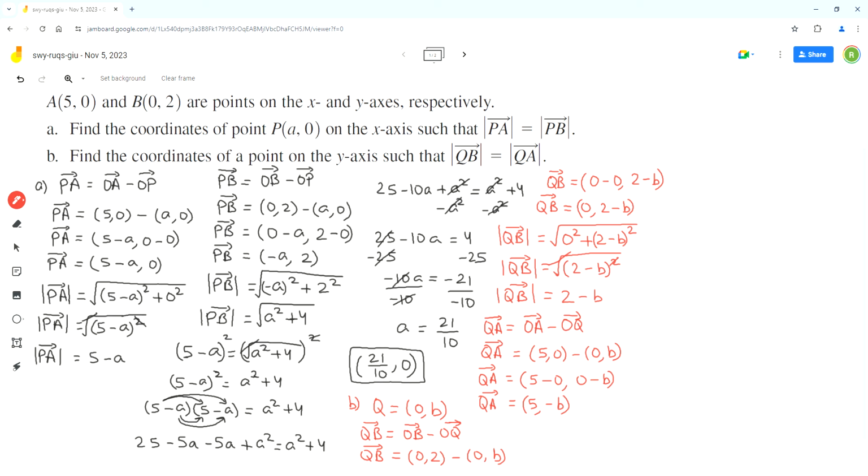Now we can find its magnitude. So we can square the components, add them and put the sum under the square root.